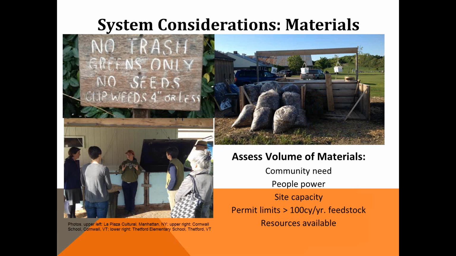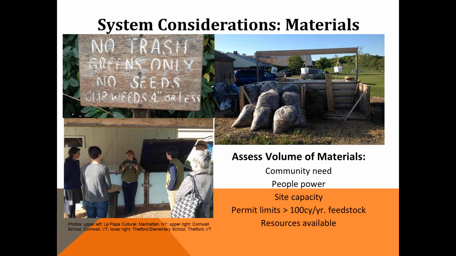Again, you want to assess the volume of your materials, your community, how many participants you have. We really urge you to start small. Start with your local community, your participants, your gardeners, your community people using your compost, and then you can always grow from there.